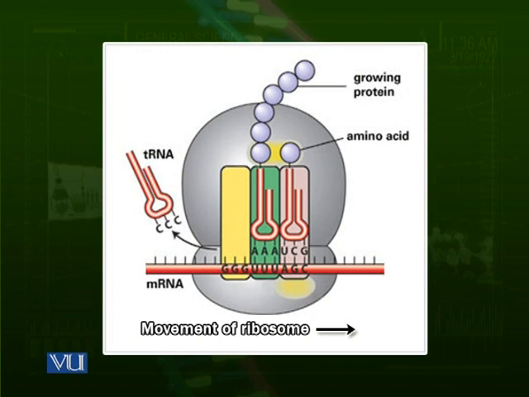Then the transfer RNAs come according to the codons, bringing amino acids, and the ribosome moves on the messenger RNA to make a polypeptide chain. At the end, due to the releasing factor, they are released. So a new protein is formed in this way. This may be a structural protein or a functional protein.